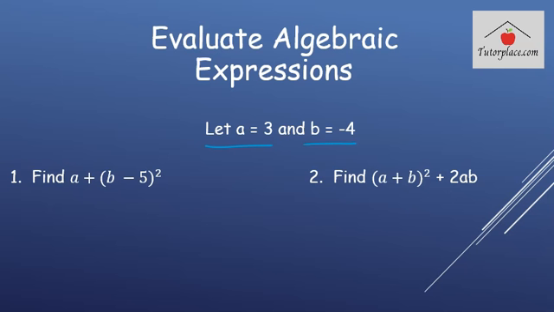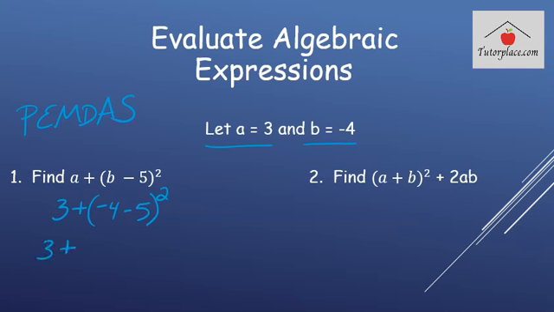So if a is 3, I'm going to put 3 here, plus, and if b is -4, I'm going to have -4, leave my parentheses there, minus 5, and then that whole unit squared. According to PEMDAS, remember your order of operations, we need to do the parentheses first.